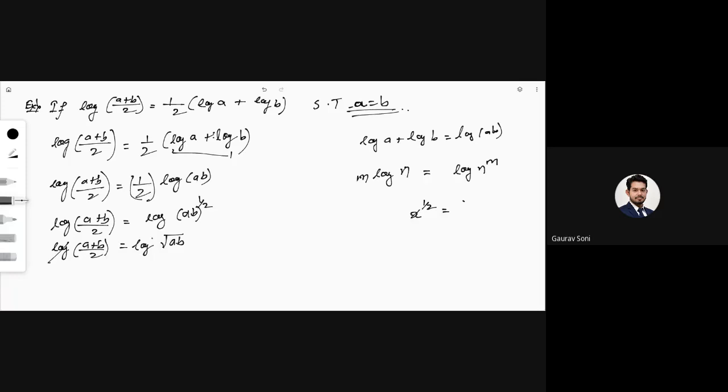Now these logs will cancel out each other. So what we have, a plus b by 2 is equal to under root of AB. So I need to show that a is equal to b. So I will square both the sides.